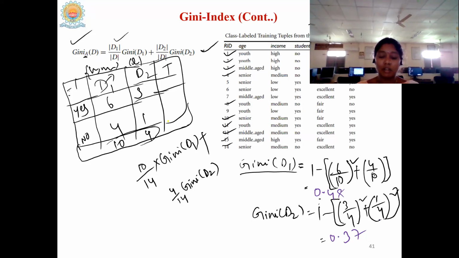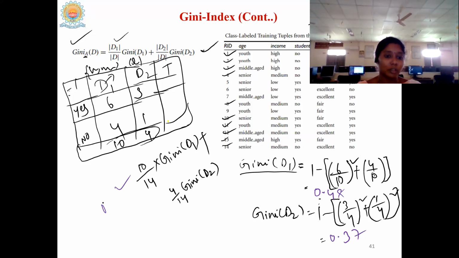Okay, 0.37. So substitute these values in this formula. This is the GINI index of the split.